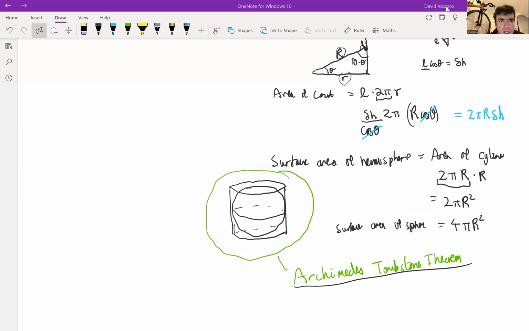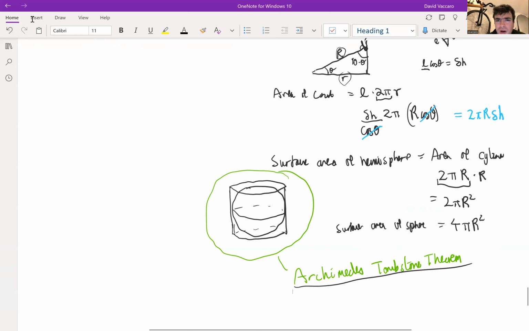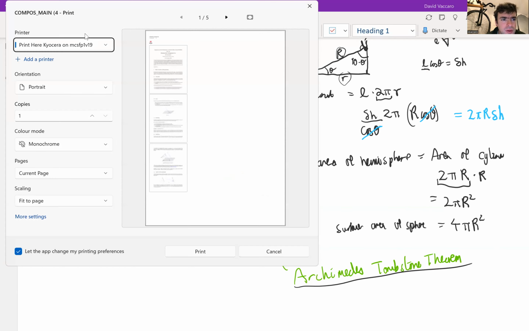Can I send the OneNote page? I find OneNote is a really good program at everything apart from sharing stuff.